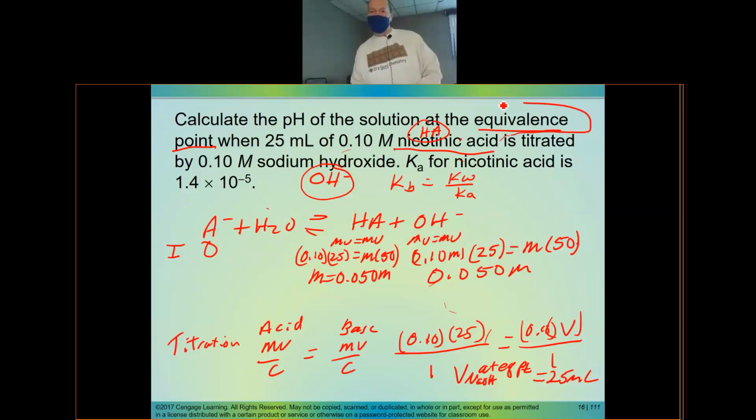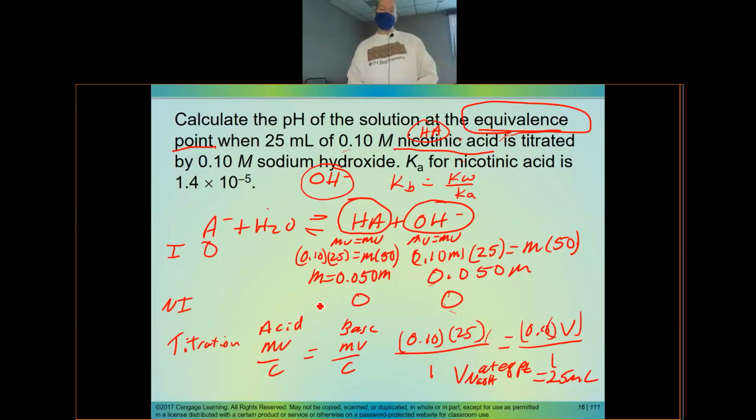The question says at the equivalence point. And what that means is the concentration of your HA is exactly the same as your concentration of your OH minus. All right, so my initial concentration of A minus is 0, HA 0.05, and 0.05. My new initial, one of these is going to go to 0. But at the equivalence point, actually, both of these go to 0.